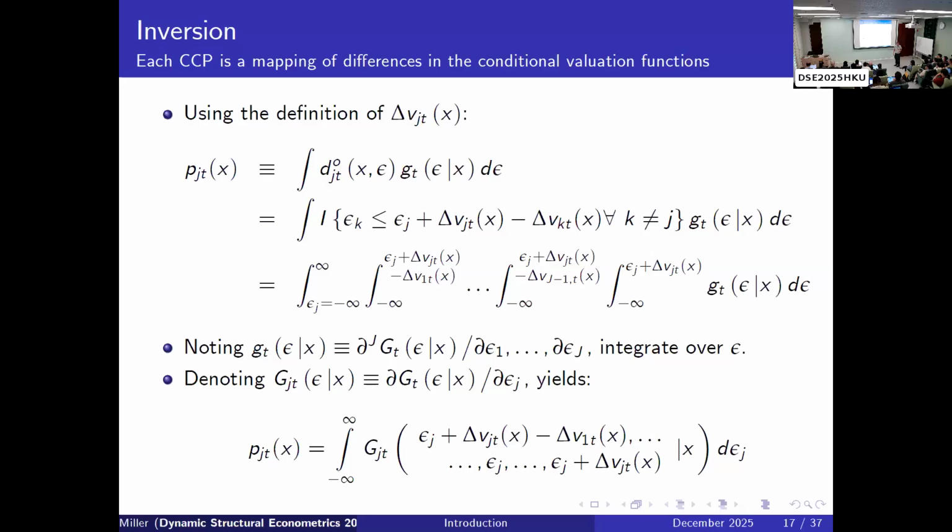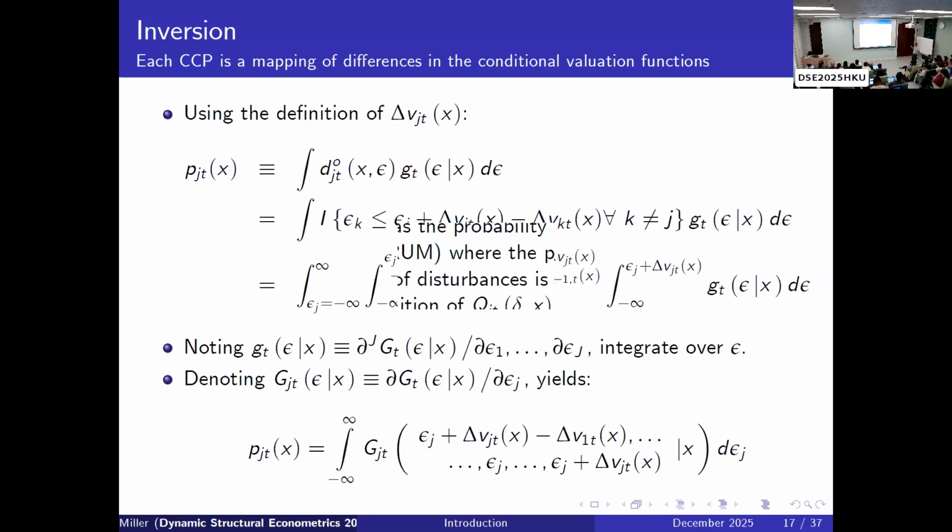Okay. So we're integrating up over this region, you know, for all the other epsilons. And then that is for a given epsilon j. And then we're just integrating epsilon j over the whole thing. All right? And so that's how we get this formula here. This is just another way of expressing this. Okay? This is just another way of expressing this guy.